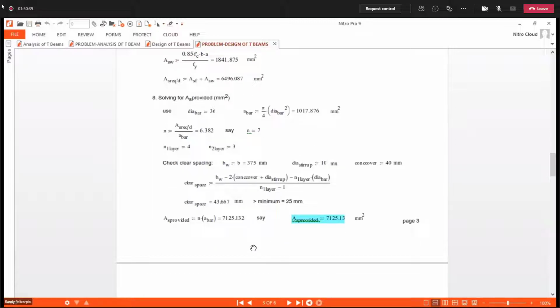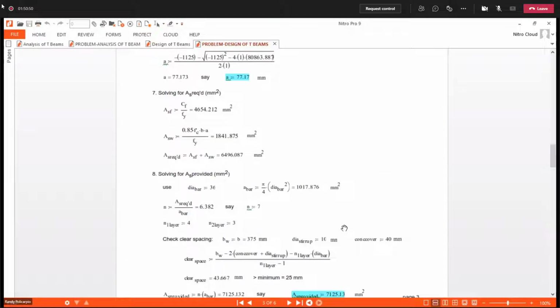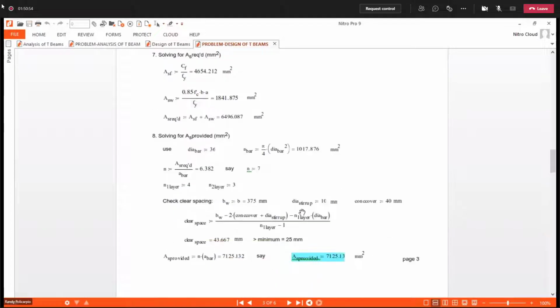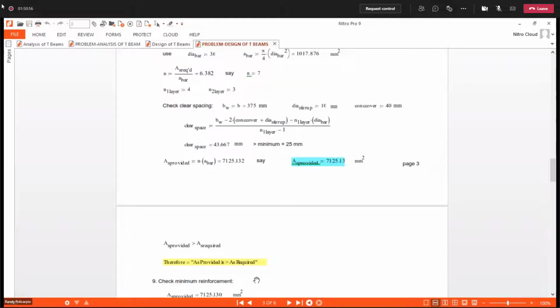Okay, so then, if we check now our AS provided, it will be equal to 7,125.13. So this is the provided, while the required is only 6,496. So it is greater than. Kaya na satisfy natin yung isang requirement doon sa procedure.